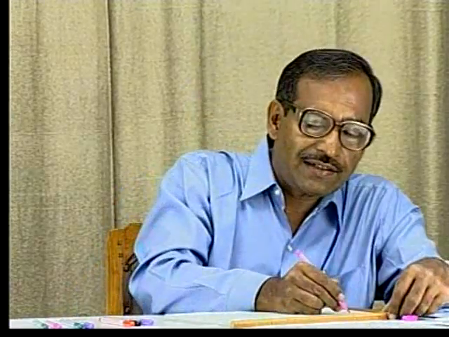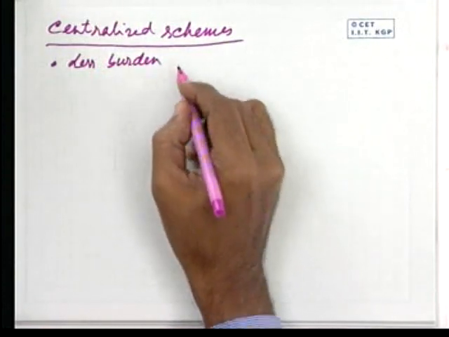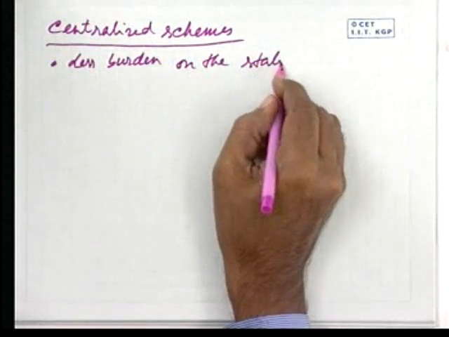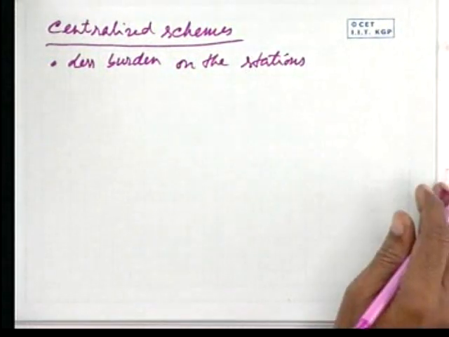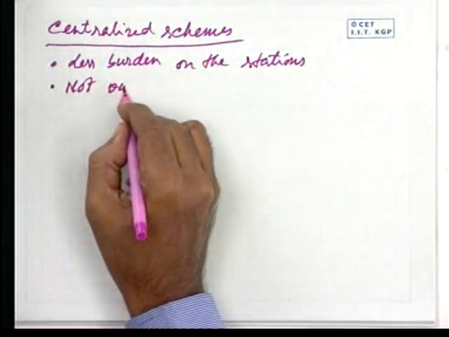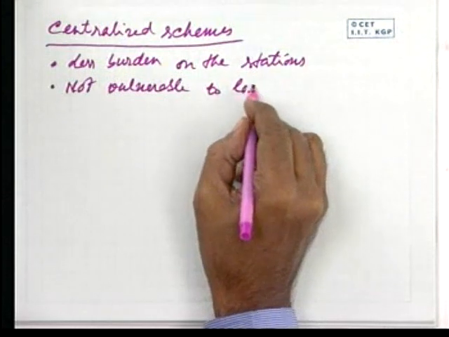One of the stations takes the responsibility for reservation. As a result, it imposes less burden on the stations, and also it is not vulnerable to loss of synchronization.